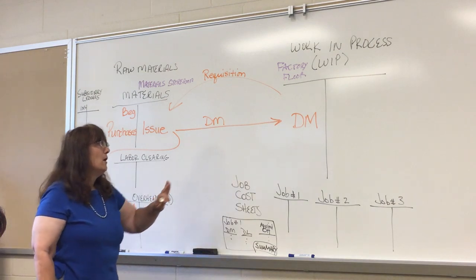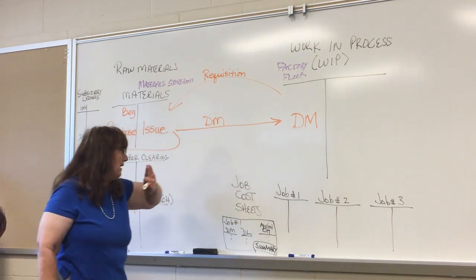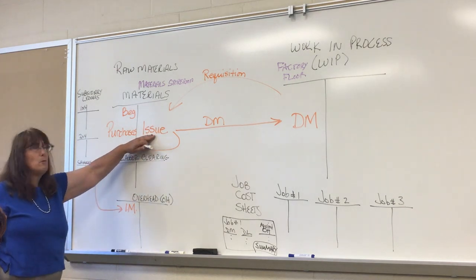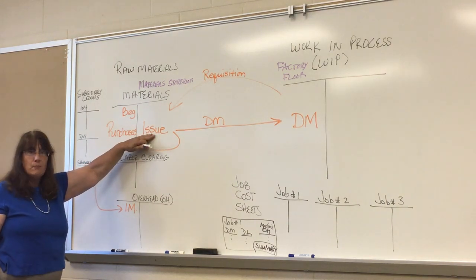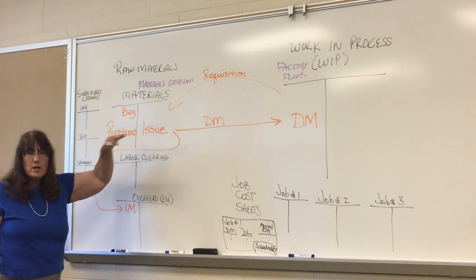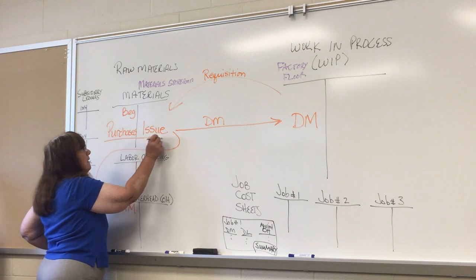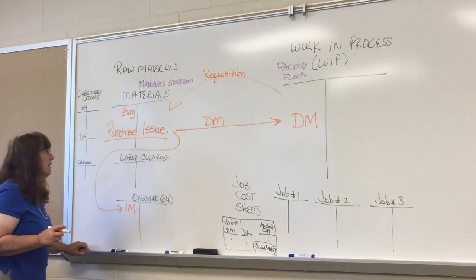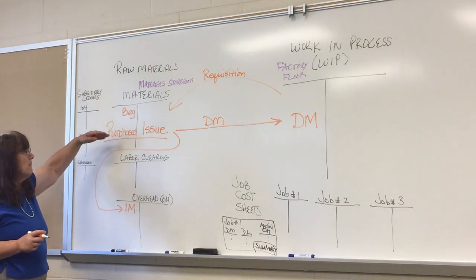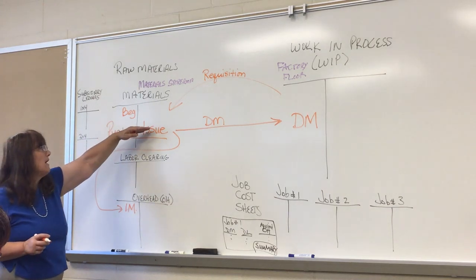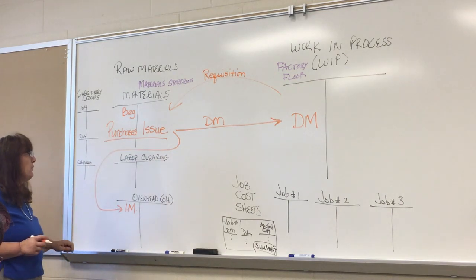And we will make a debit to work in process and another debit to overhead, and then we will credit materials for the total cost of all those materials that we put on the forklift and issued out of the materials storeroom. Okay? Now, to get the ending, of course, I'm going to get my debit footing, which would be the beginning plus the purchases, and my credit footing, which is the stuff that we issued.